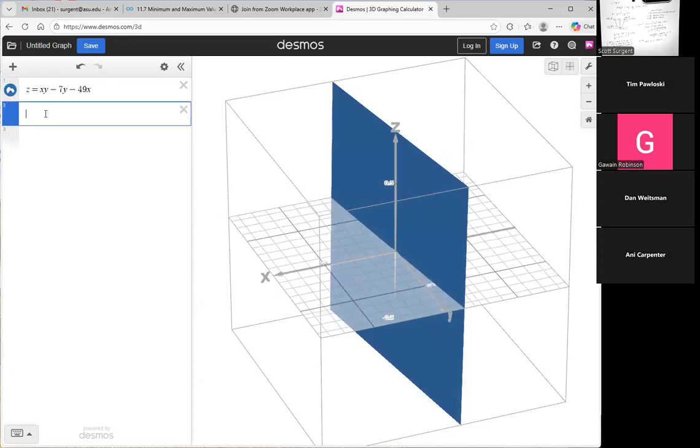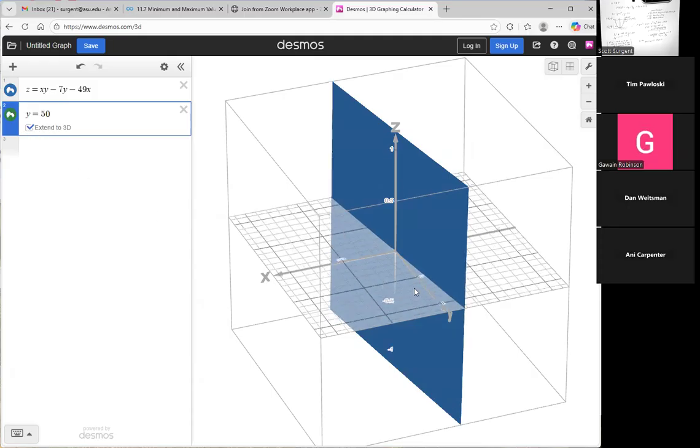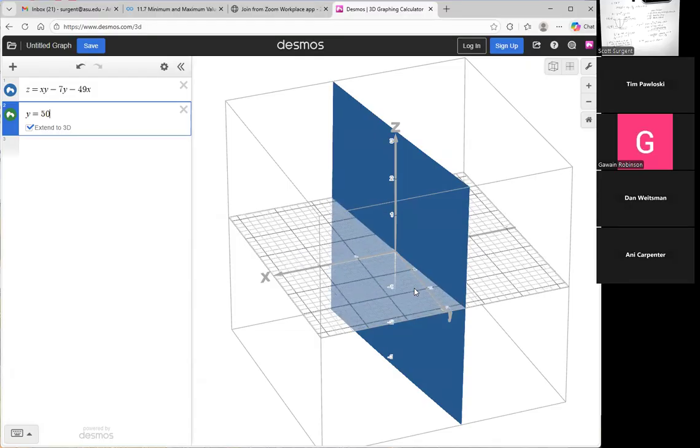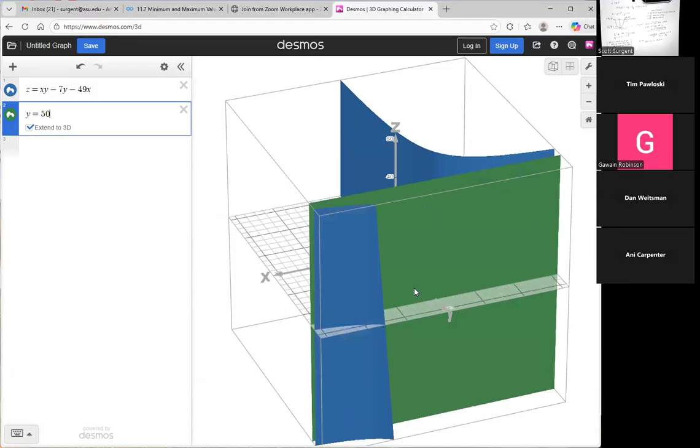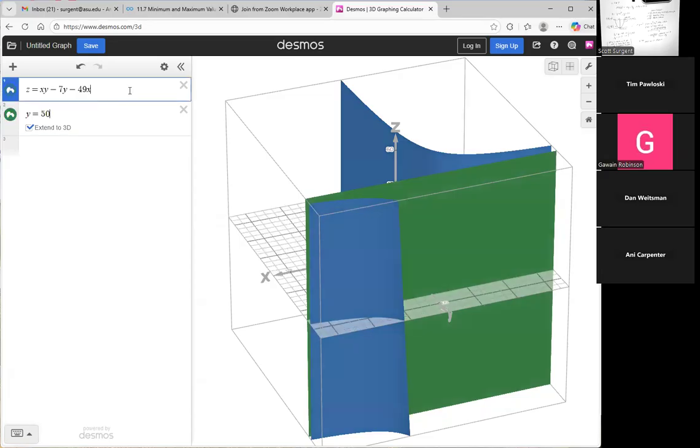What I was going to do is try to graph the region itself, because sometimes you can say y equals 50, and then you can extend that to 3D. The problem is I have to scroll way out. Now we're starting to get some shapes here. Hmm.